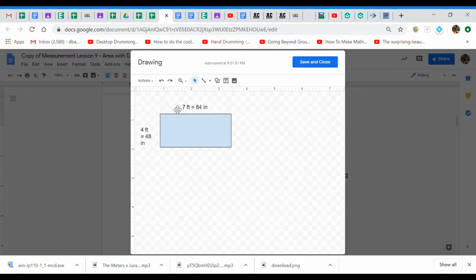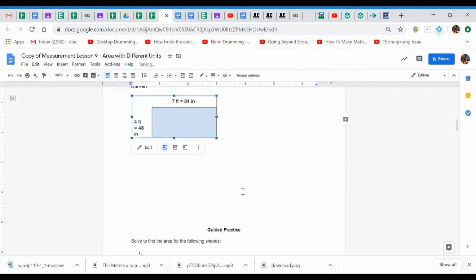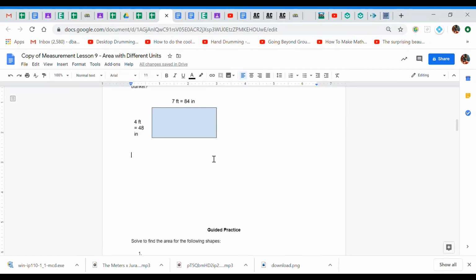So now, instead of turning square feet to square inches, I can just find the area of 84 inches times 48 inches. So that's what I'm going to do. It's a better, faster way to solve the problem. 84 inches times 48 inches equals how many square inches?